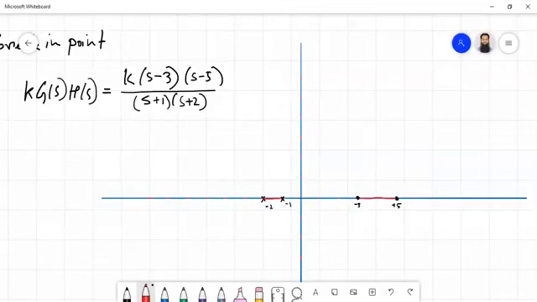So eventually, at K equal to 0, it is styled like this. One will be moving in this direction, the other will be moving in the opposite direction. At some point they leave the real axis, go somewhere there, and then come back like this.